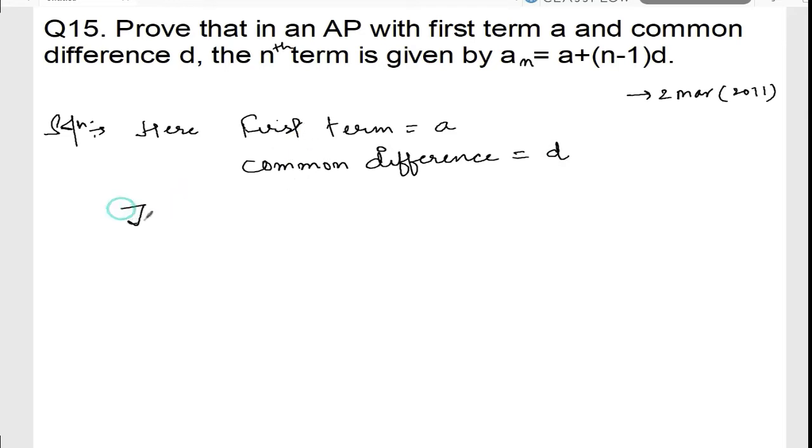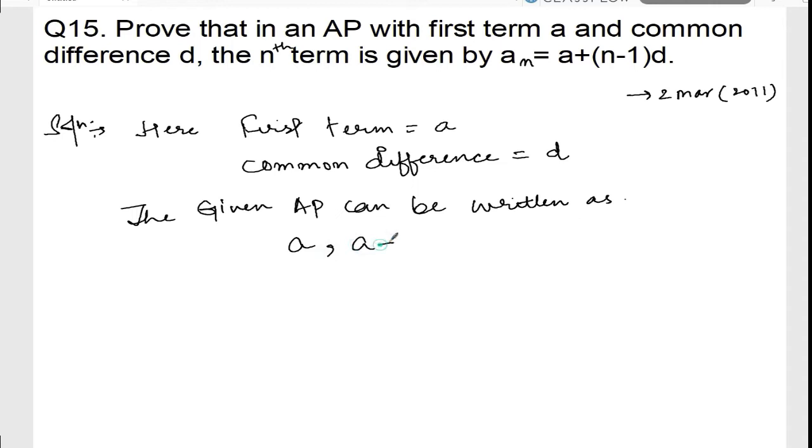The given AP can be written as: the first term is A, the next term will be A plus D. This question is from chapter number 6, for those who don't know. First term A, second is A plus D, third is A plus 2D, and so on.